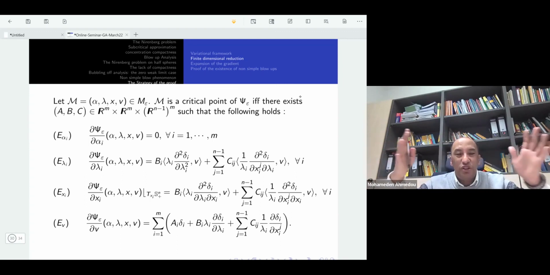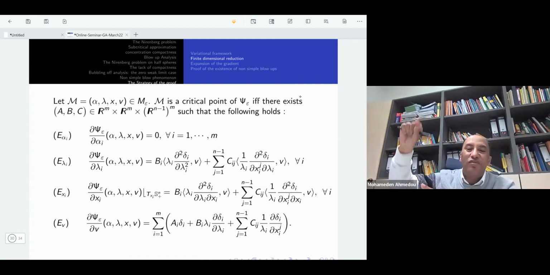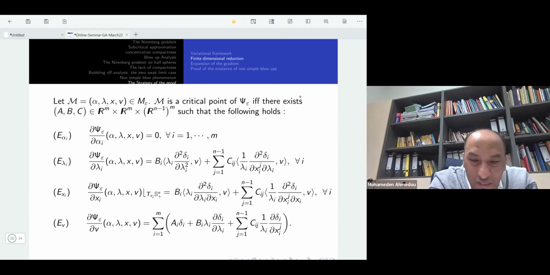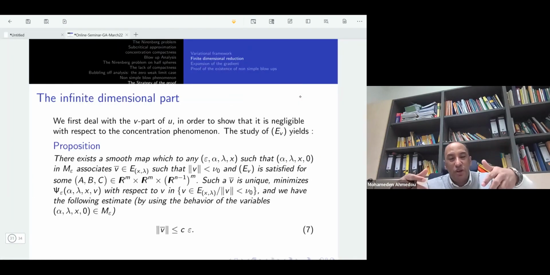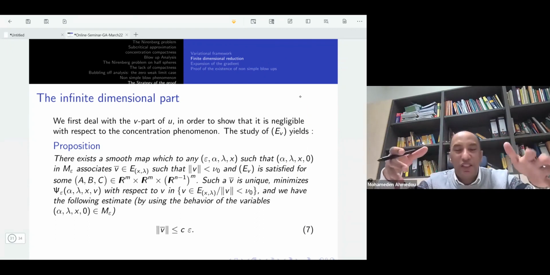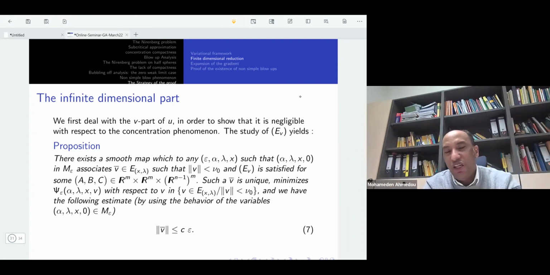So you write your equation, because now every critical point of your function will be a critical point of the function in the variables alpha i, lambda i, ci, and V. Then you start with the infinite-dimensional part. This you can solve because the linear operator, the second variation, is invertible on the orthogonal complement of this space. So you can find a solution, and also an estimate of the solution: it will be less than a constant times epsilon.